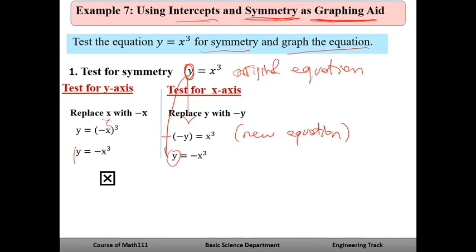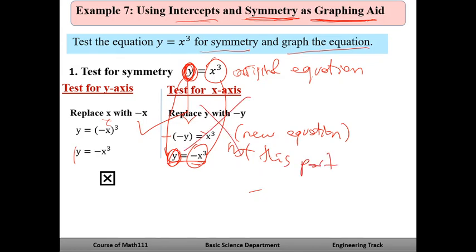So for this you multiply by minus. You see minus y equals minus x cubed. So you multiply both sides by minus, and you get this one. We want to do this because we want to make them the same on these sides, and then check. Are they the same? This part is the same, but not this part. So it fails.